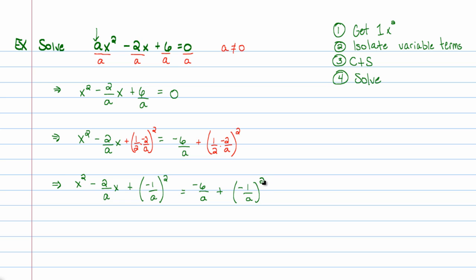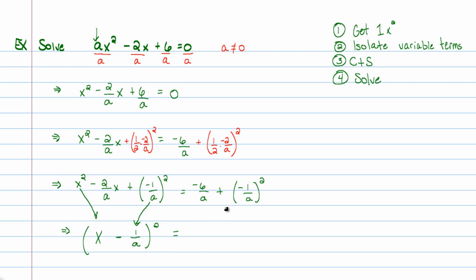And I know that people who attend my lectures often ask me why I keep that negative in there, and I've already said it a few times in this lecture. I keep it in there because it allows me to remember how this is going to factor. I'm going to steal one of these x's and one of these pictures in here, which is a negative 1 over a, and that's super important. And finally squared.